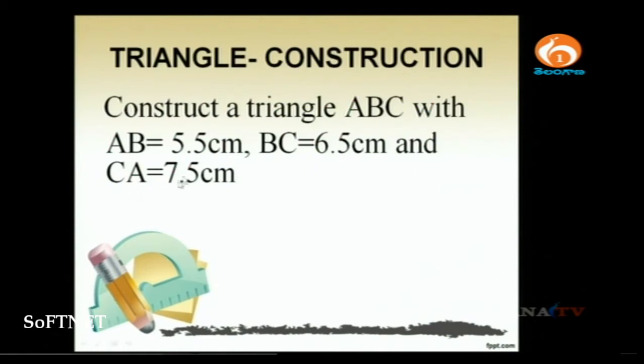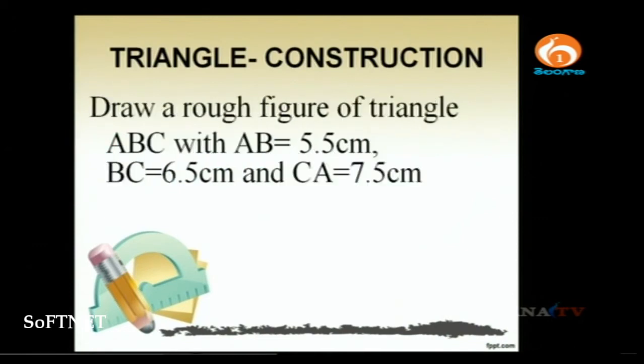That means, in this problem what are given and what we have to do? We have to construct a triangle. The name of the triangle is triangle ABC, whose vertices are A, B, C and the sides are AB, BC and CA and their lengths are given.